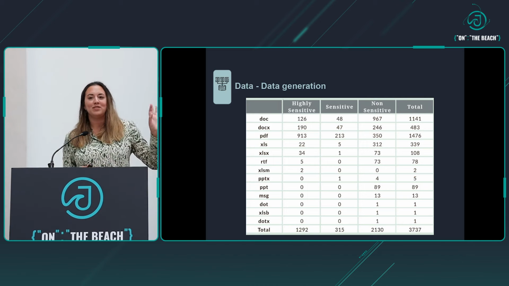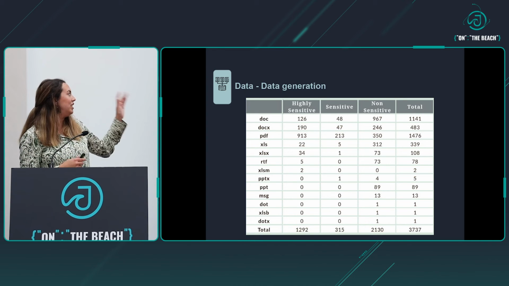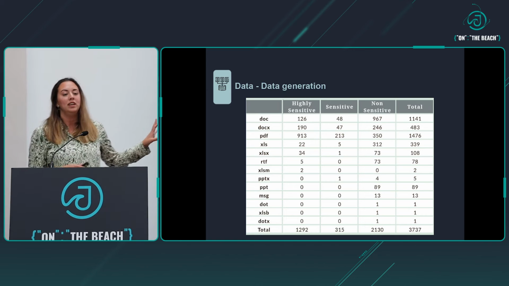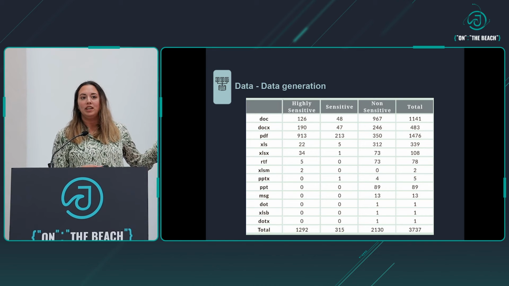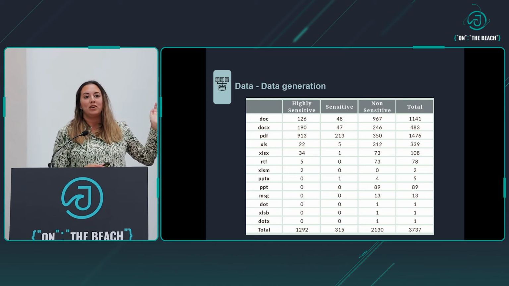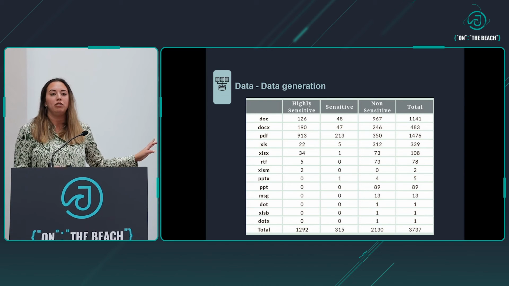So here's a table to show the variability of documents that we collected. This was the initial collection when we started with the modeling. As you can see, there were many types of documents that we collected, mainly doc and PDF.